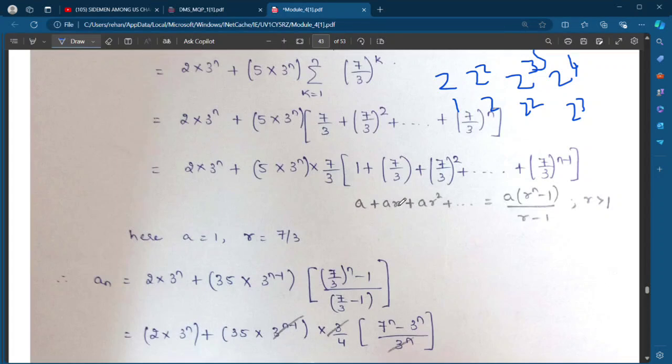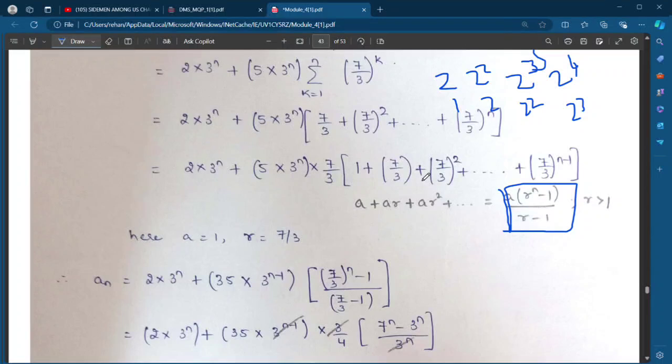So here 1 plus a into r plus ar square plus up to ar to the power n minus 1 can be written as a into r power n minus 1 divided by r minus 1, where r is greater than 1. So this they have directly written as the recursive relation formula. I think this comes under the second module.